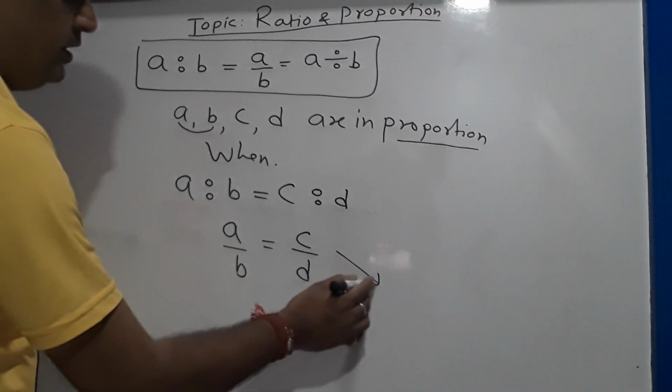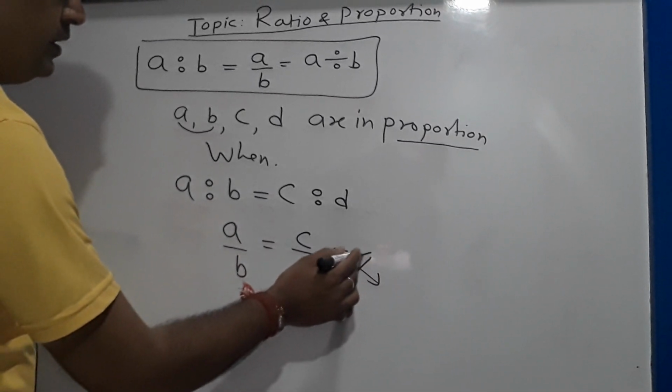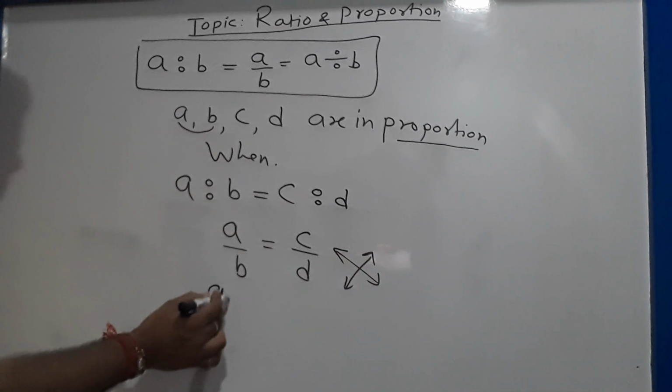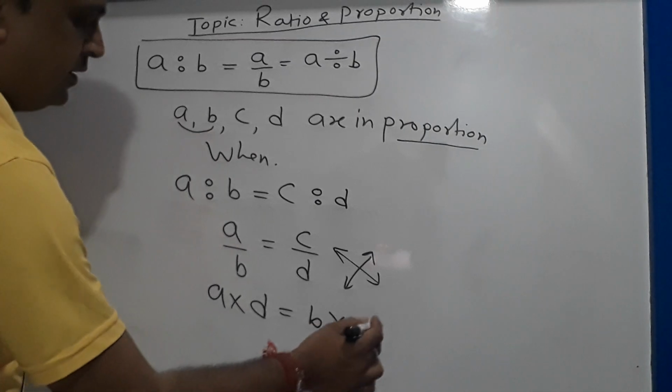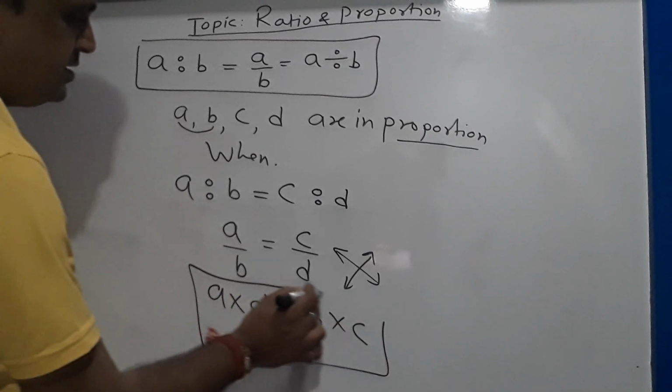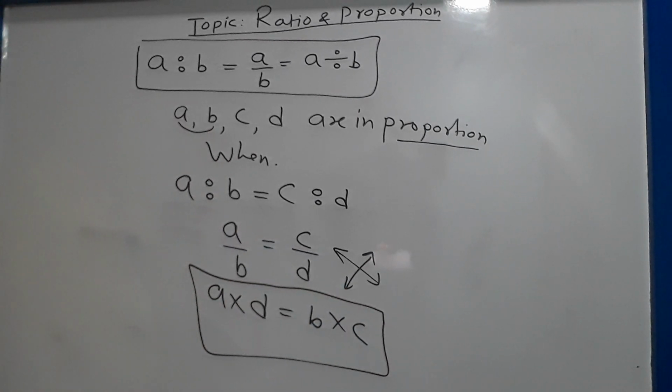Whenever we have equality, we cross multiply. So A into D is equal to B into C.